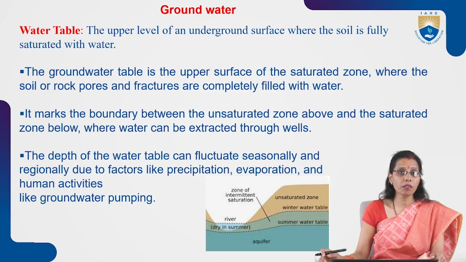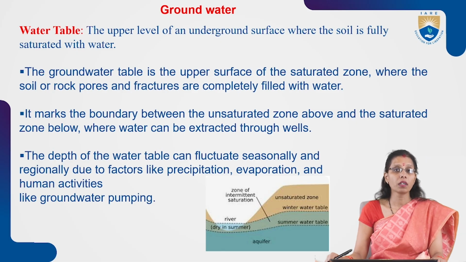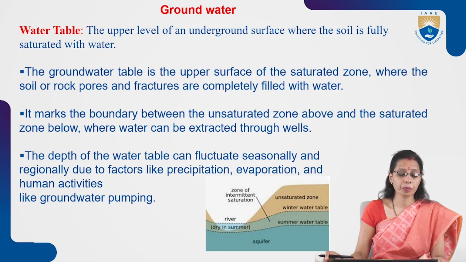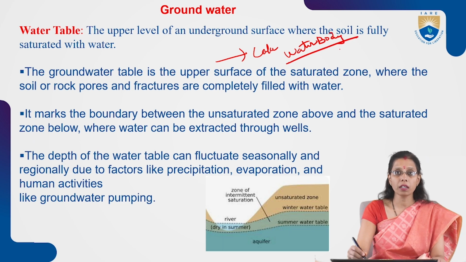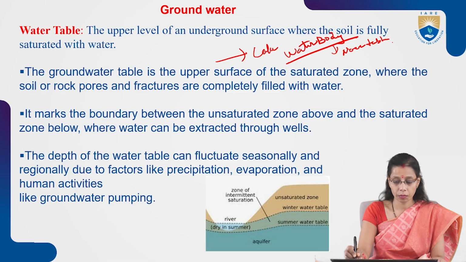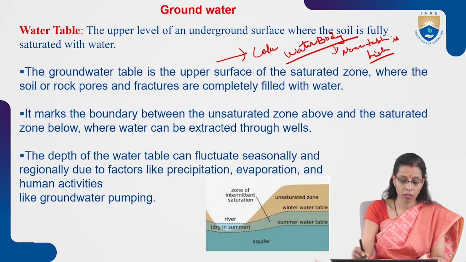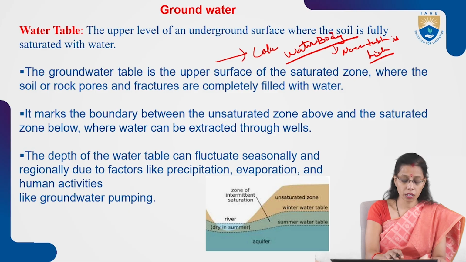Then you have the water table when you talk about groundwater. There are places where the groundwater table is high. When you see any lake or water body and go near it, you will find the groundwater table is high, and the surface of the soil is fully saturated with water.